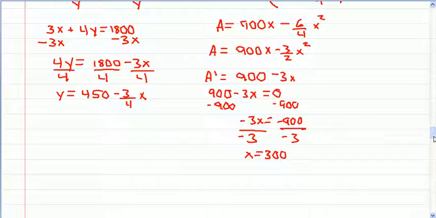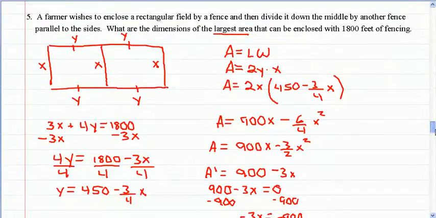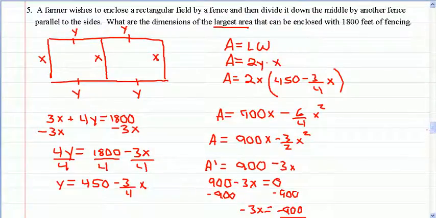But to make sure that this gives us a maximum, I want to find the second derivative, which is just negative 3. And since it's negative, it's concave down, which means that x equals 300 is a relative maximum.